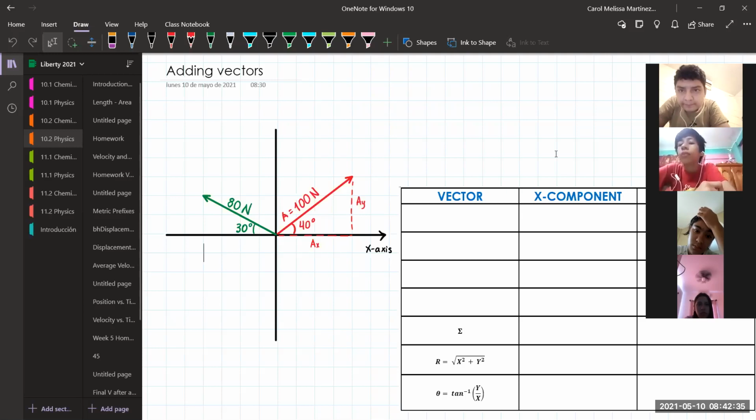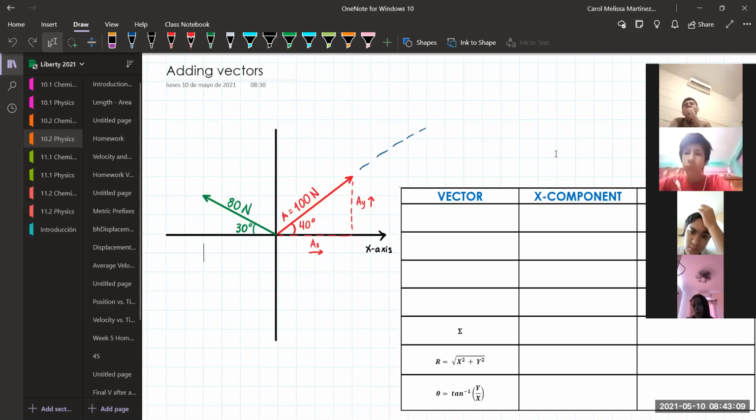Vertically, as I was saying before, this vector is going up. Okay, so you can put the arrow over there to indicate the direction at which it is going. The vector has a component x that is going to the right, as you can visualize. Okay, so if you extend this, you will be going to the right.